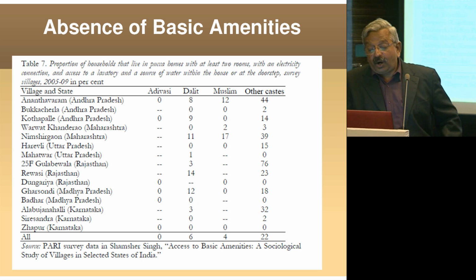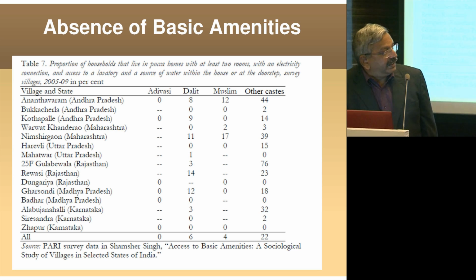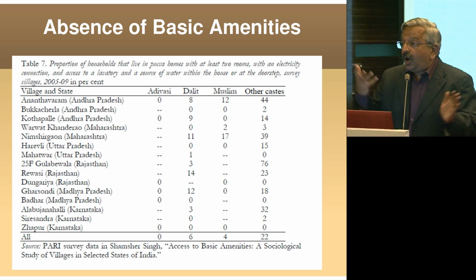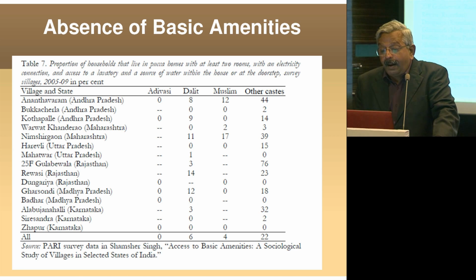So you see across Adivasis, Dalits and Muslims in the villages surveyed, the percentage is extremely low, but even for all other castes together, the figure is only 22%. So this is this enormous human development deficit of rural India.